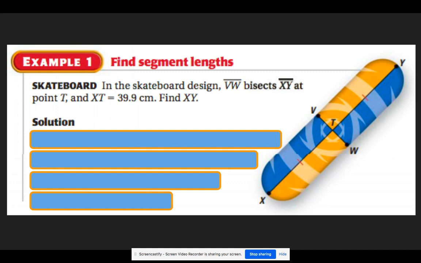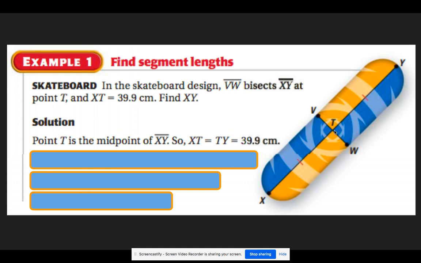Okay, let's get started. If point T is the midpoint of this line segment, that tells us that XT has to be equal to TY. These two have to be the same length. So if XT is 39.9, then TY also has to be 39.9.